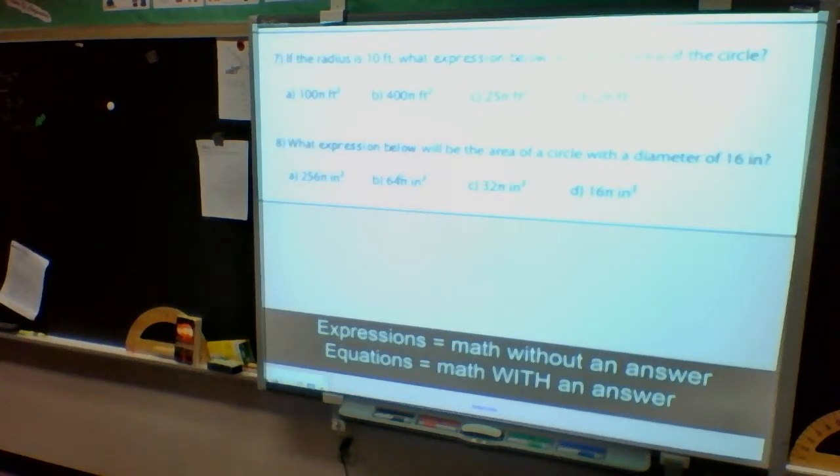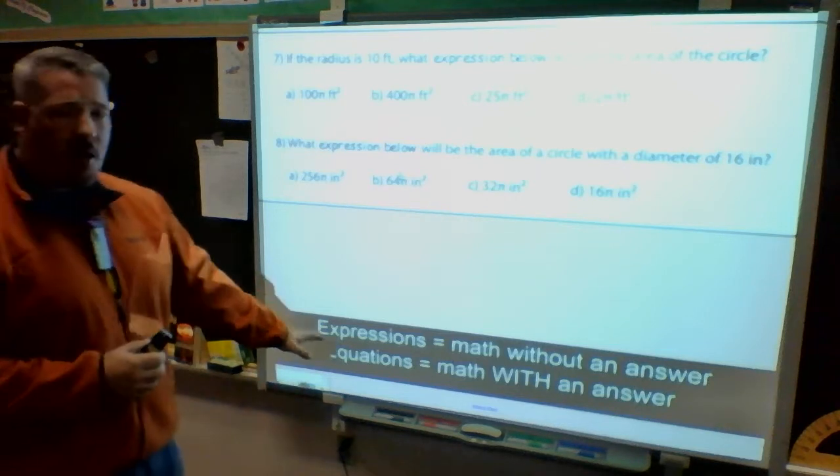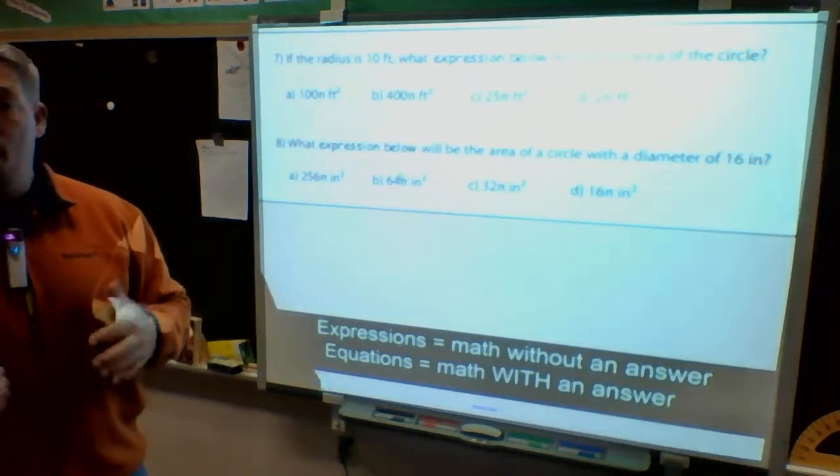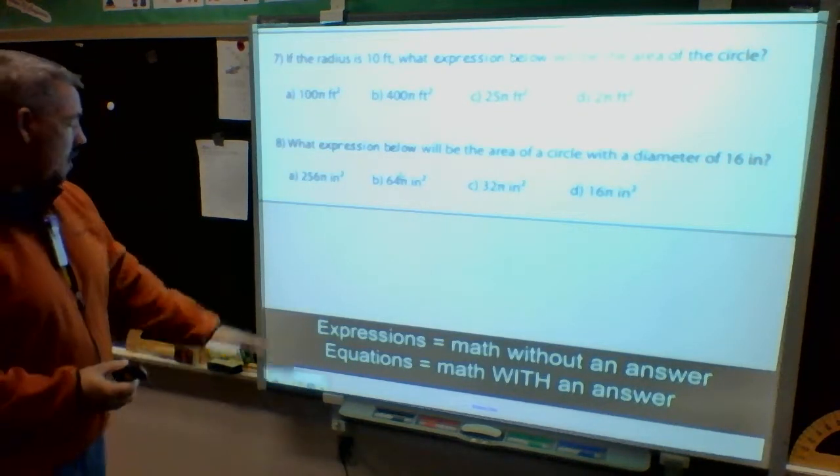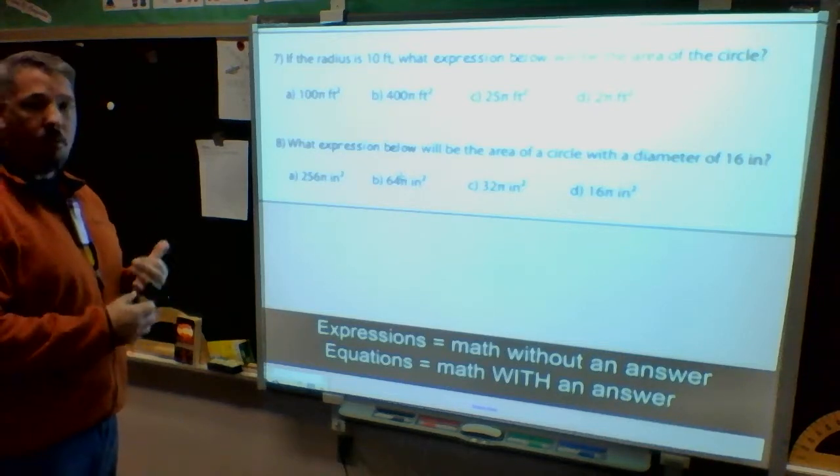Number 7 says, if the radius is 10 feet, what expression below will be the area of the circle? So at the bottom of my screen, I gave you a reminder of the difference between an expression and an equation. Expressions are math problems without an answer. Equations are math problems with answers.